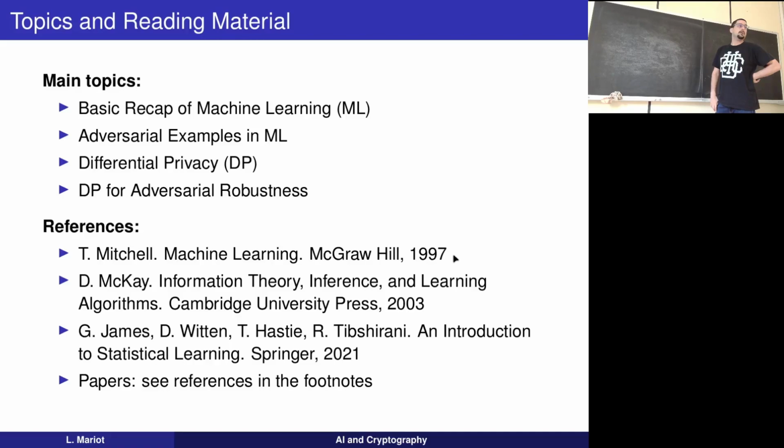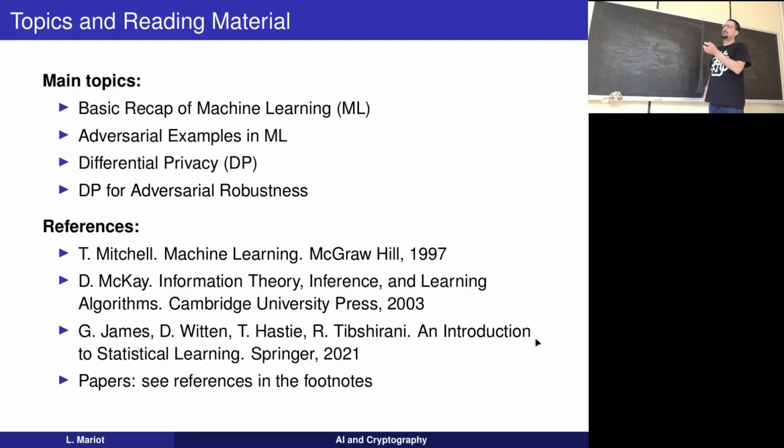It gives a rigorous and comprehensive introduction to machine learning, not only in the neural networks case. The book by David MacKay is also nice, which connects information theory and machine learning. That is also quite old, but it's also freely available online.